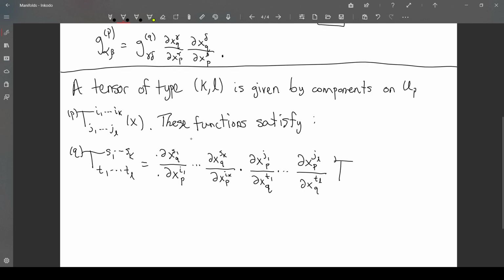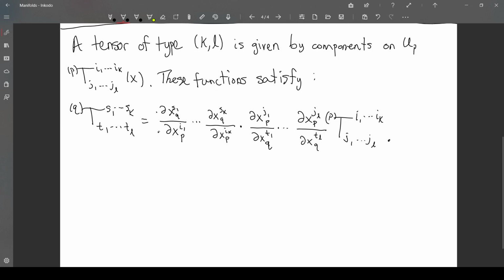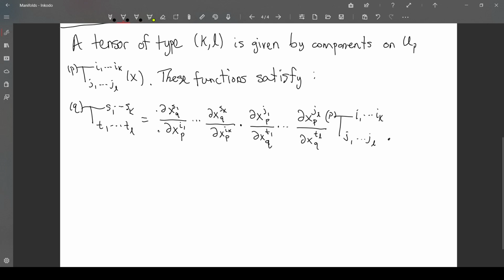And then times, again, a large summation over the i's and the j's of the components T_P i1 dot dot dot ik, j1 dot dot dot jl. And that's pretty much all there is to a tensor.